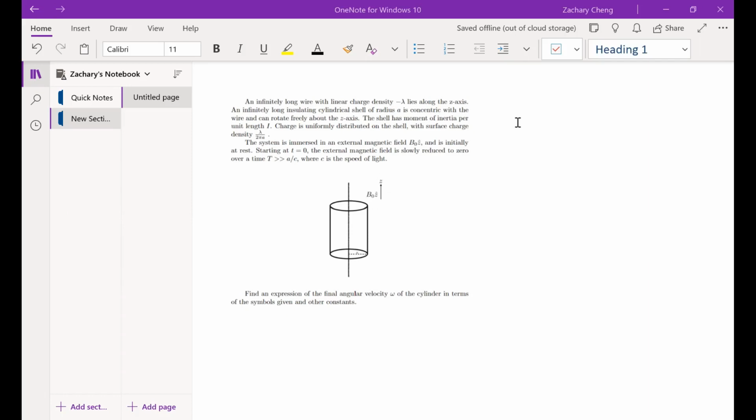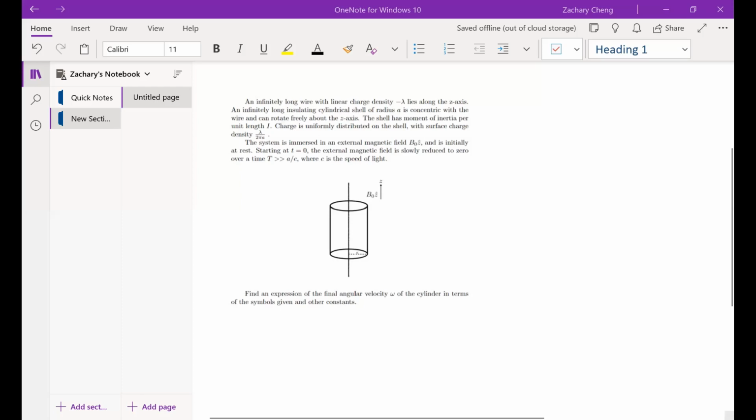The system is immersed in an external magnetic field B0 in the z direction, and the system is initially at rest. Starting at t equals 0, the magnetic field is slowly reduced to 0 over a long time T, and we want to find an expression for the final angular velocity omega.